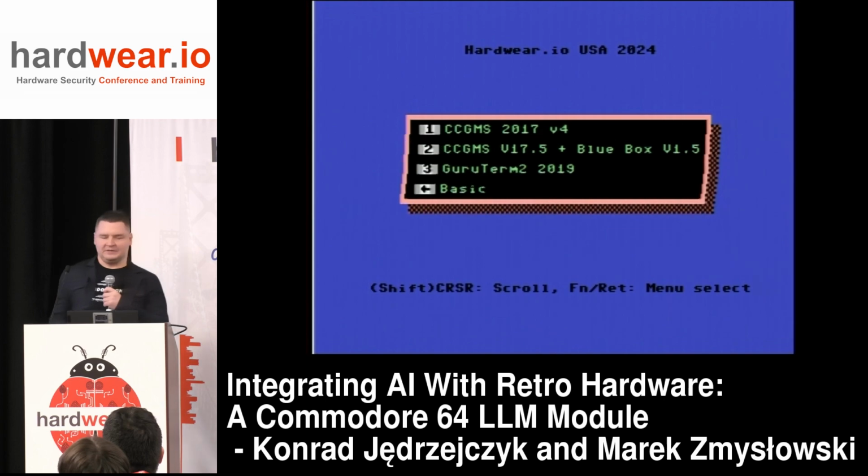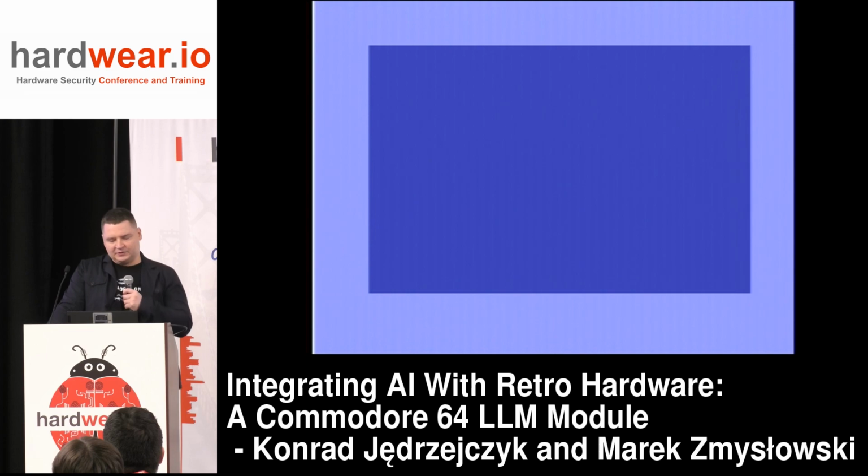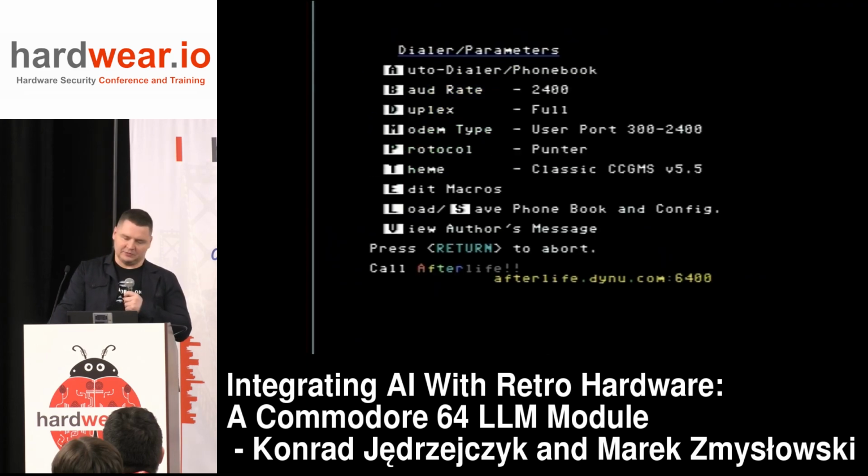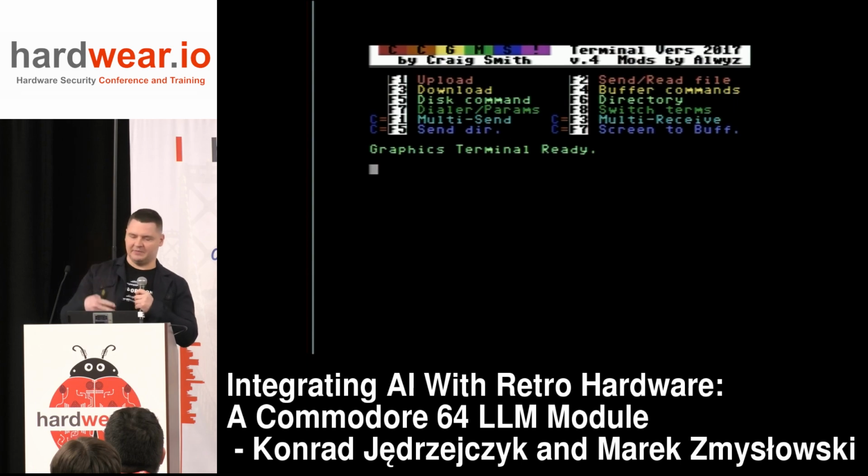So this is the card working, where we select the first option. Using just the terminal, we are switching some of the parameters. We are switching to a lower baud rate, just so you can see what is happening on the screen.